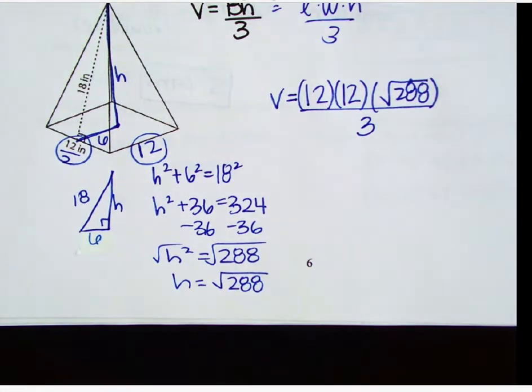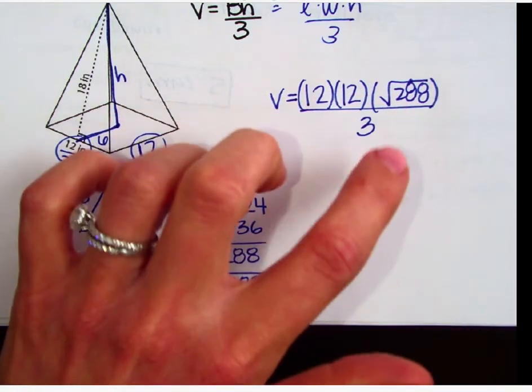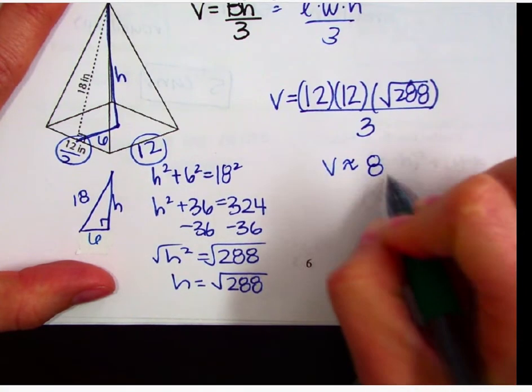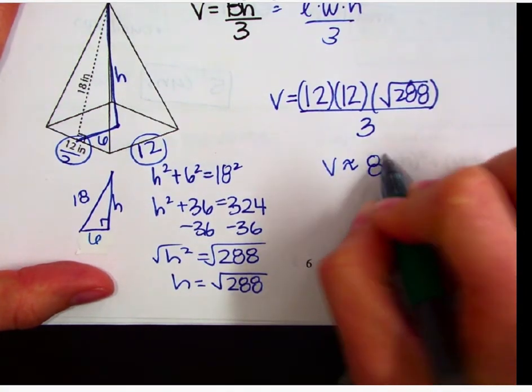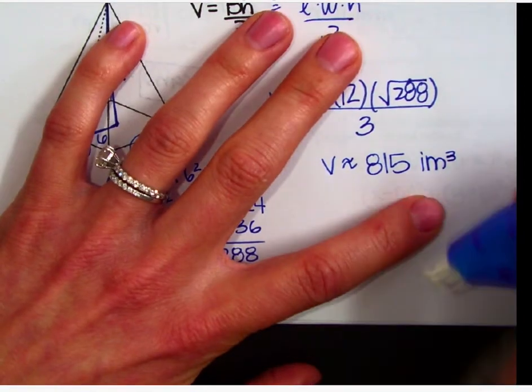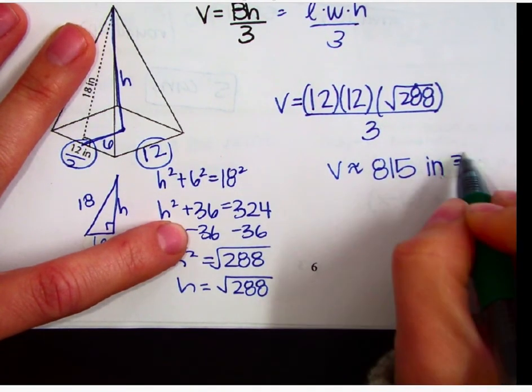So putting all of this in my calculator using the 12 times 12 and then the square root of 288, I'm going to hit equals after multiplying the numerator and then divide by 3, and this gives us about 814.5, but I'll just round up to say 815 cubic inches, inches cubed.